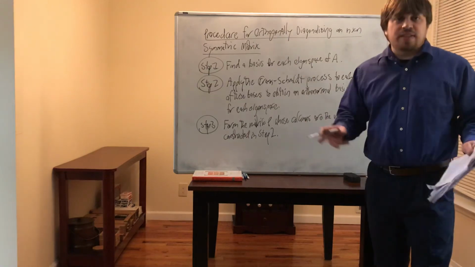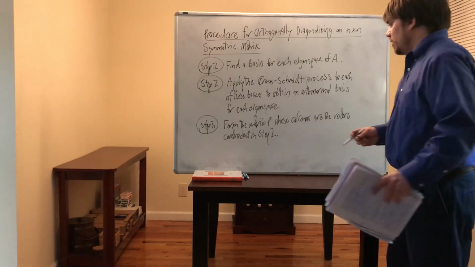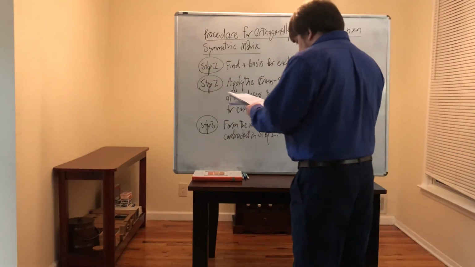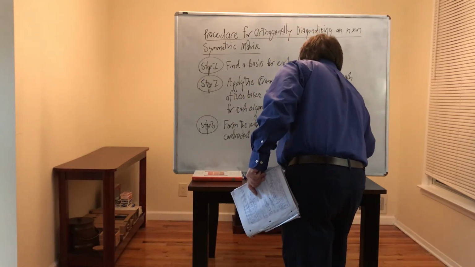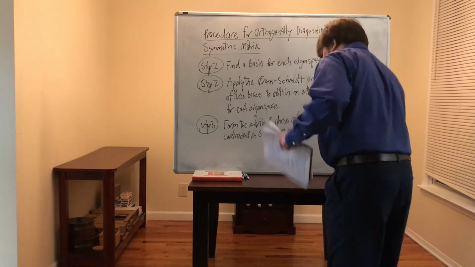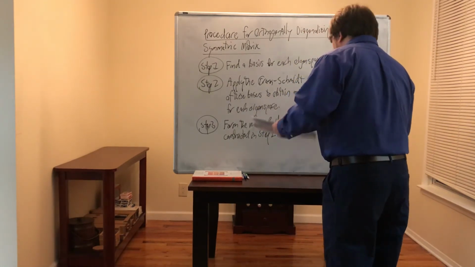And that's easy. Step three is very simple. And so now this matrix P that you created in this step orthogonally diagonalizes A.